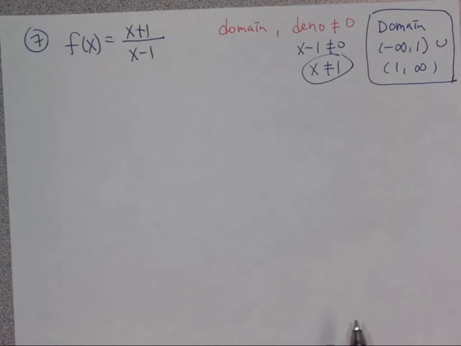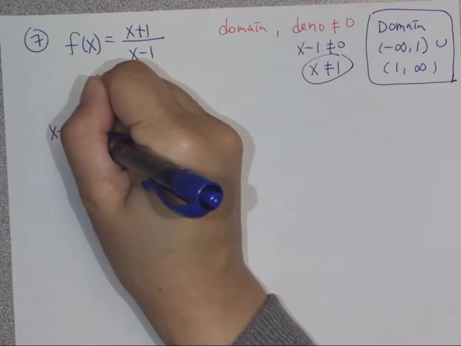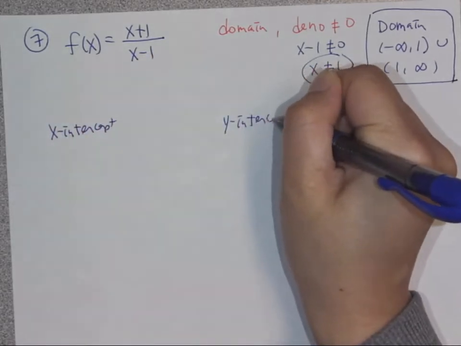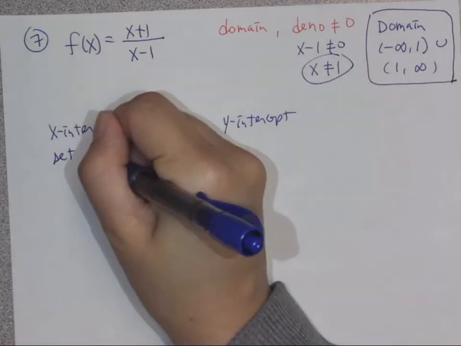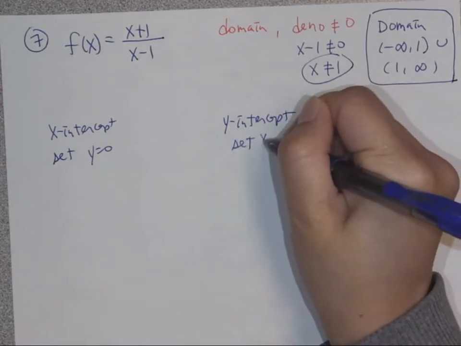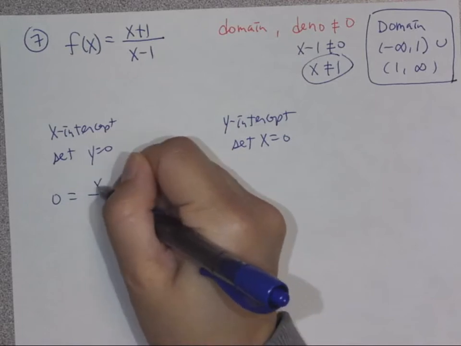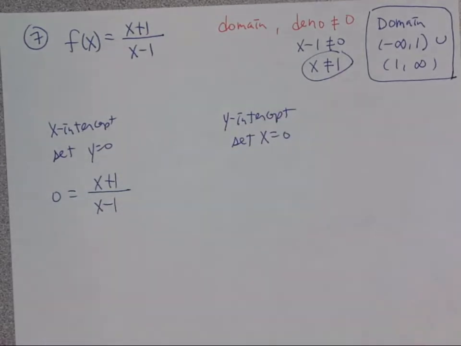The next part they ask for is the intercepts. So we have the x-intercept, and then we have the y-intercept. For the x-intercept, we need to set y equal to 0. For the y-intercept, we set x equal to 0. So let's see, if y equals 0, then I need to get rid of the denominator, right?